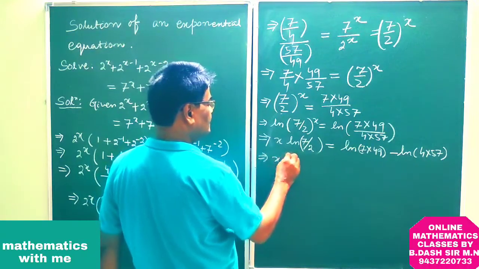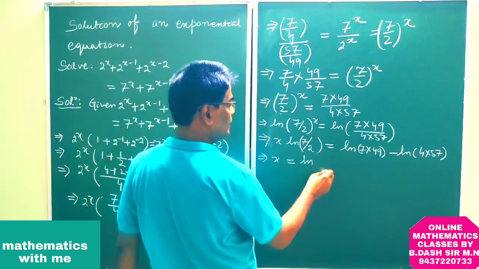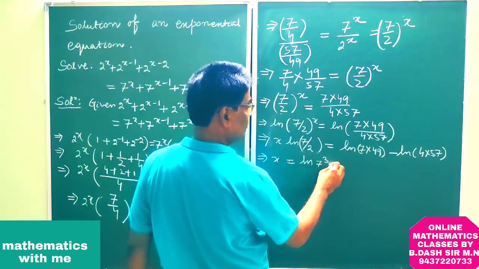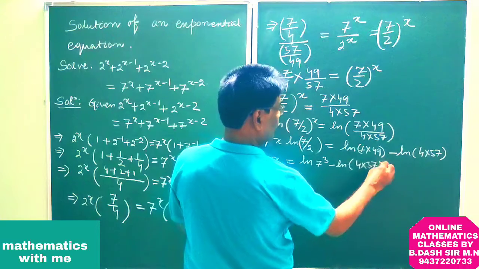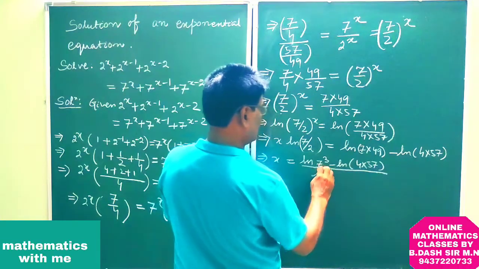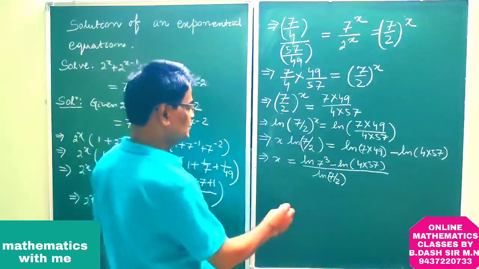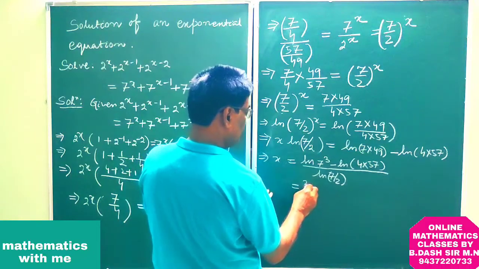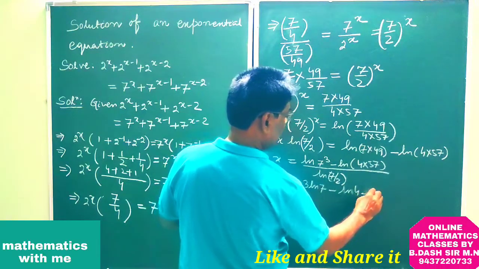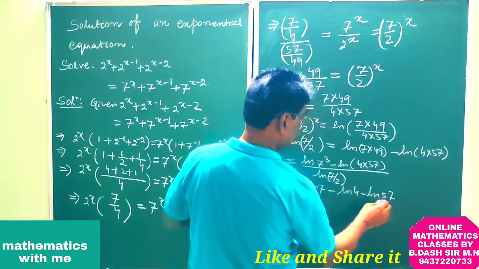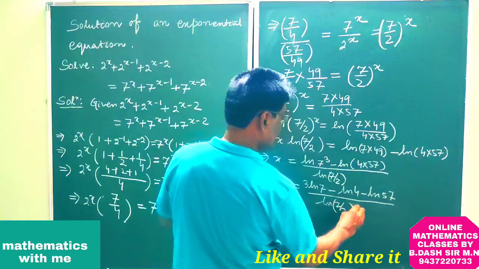This implies x is equal to (ln 7^3 minus ln(4 times 57)) divided by ln(7/2), which is equal to (3 ln 7 minus ln 4 minus ln 57) divided by ln(7/2).